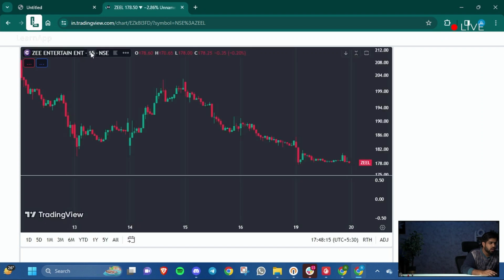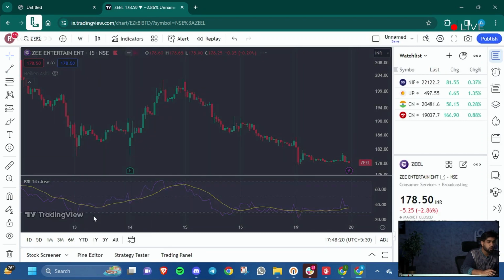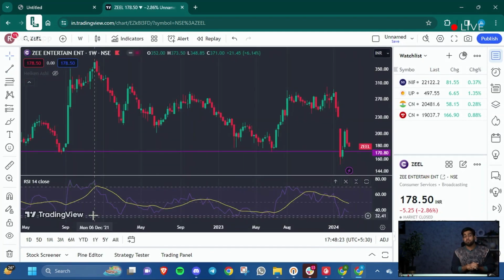Now this is a chart of Zeal Entertainment. I will pull down a weekly chart because the longer the time frame is better. Weekly chart means that each candlestick is now representing 1 week. Daily chart means that each candlestick is representing 1 day. 15-minute chart means each candlestick is representing the 15-minute time frame. Simple as that.